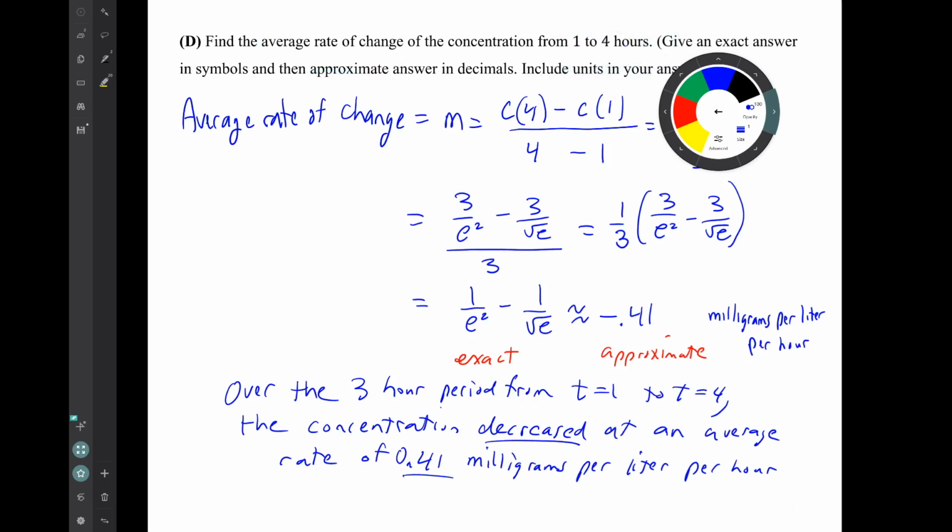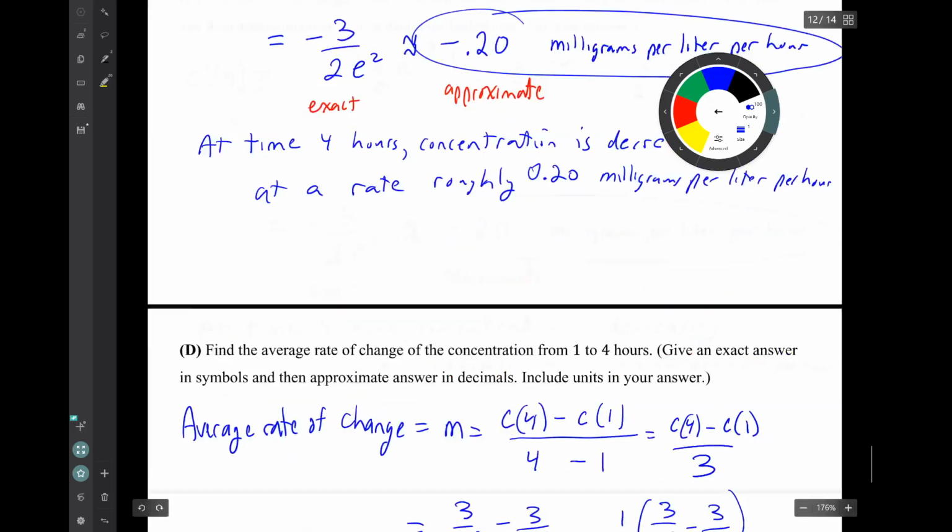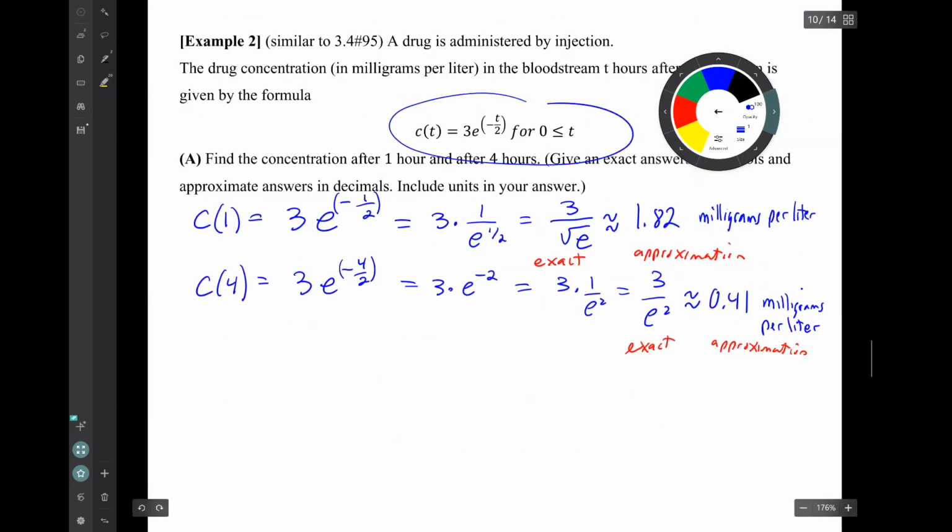Let's go on. There's one more part to this problem. Question E was to illustrate those quantities from A, B, C, and D on this given graph. Well, remember in question A, the results were Y values. So we found this, C(1) is 1.82 roughly, C(4) is roughly 0.41.